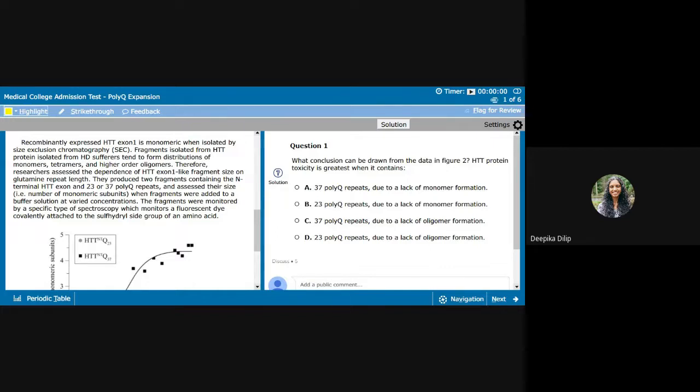Dependence of HTT exon 1 fragment size on length. Okay, so dependence means X is probably going to be our fragment size, and then Y is going to be the repeat length, I think. We will see. And produce fragments containing the exon, and then assess their size.